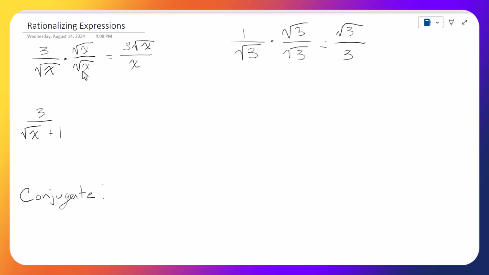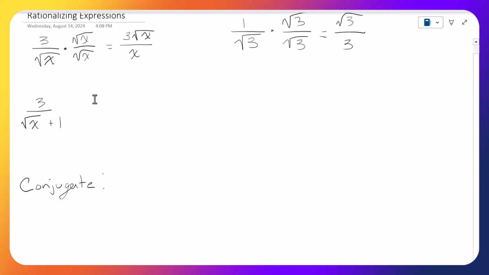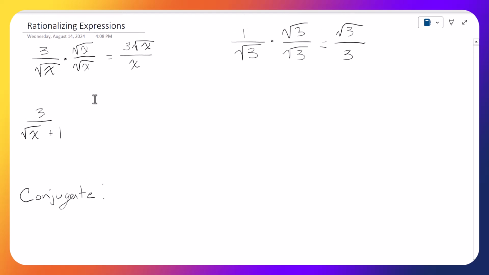There are some times we'll actually rationalize the numerator to make the square root on the numerator go away, but I'll save that for later. But this next example is one that y'all will have to tell me if you've seen before, because I'm not sure. If you have 3 over the square root of x plus 1, our goal here is still to get rid of this square root.